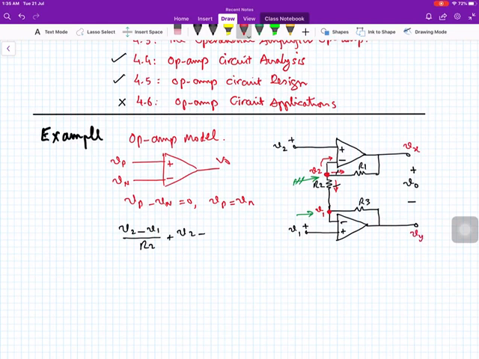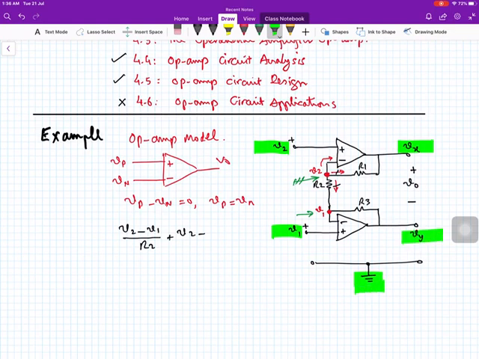Though the ground symbol is not shown, we can show it here. It means that V1 and V2 are both positive with respect to ground, and Vx and Vy are positive with respect to this ground. So all node voltages have a common ground reference, as we have been doing in node voltage analysis.